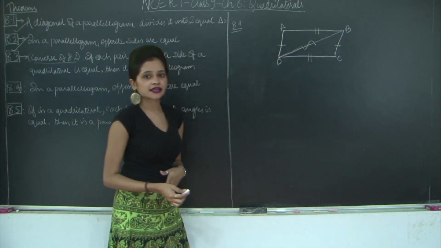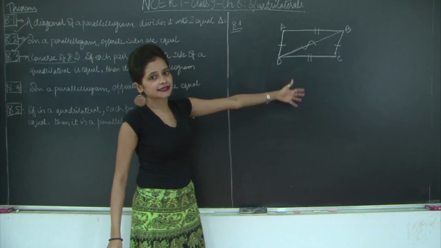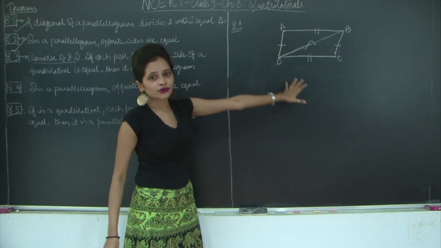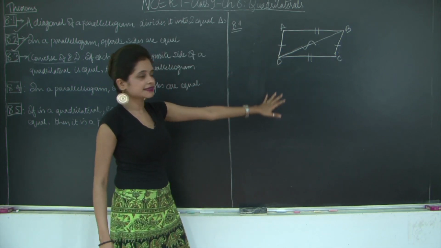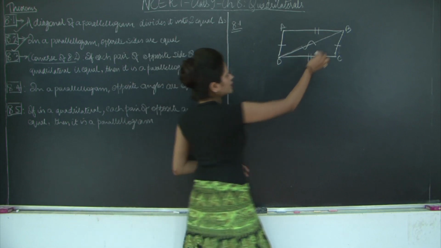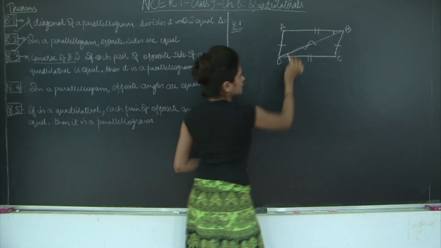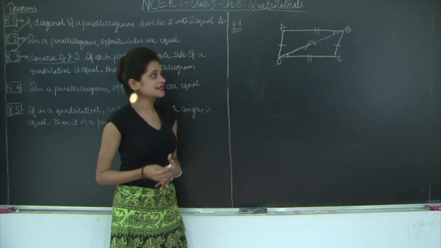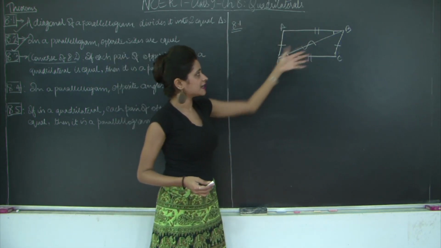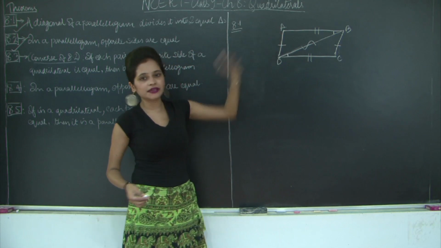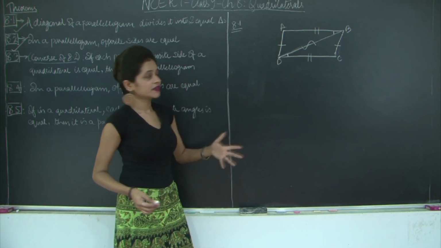Therefore, the two triangles are congruent by the SSS test of congruence. Once I prove that, I can prove that angle ABD is equal to angle CDB. But these are a pair of alternate angles for lines AB and DC. Therefore, AB is parallel to CD.